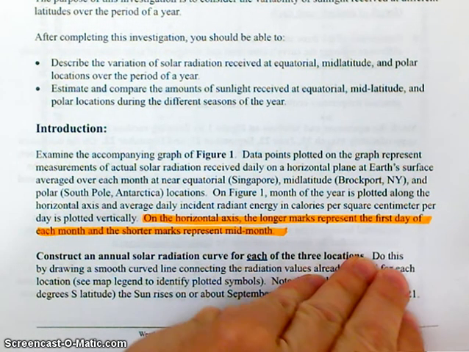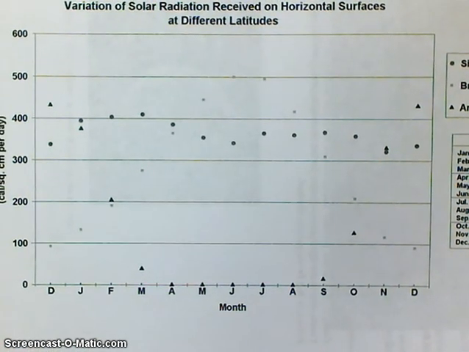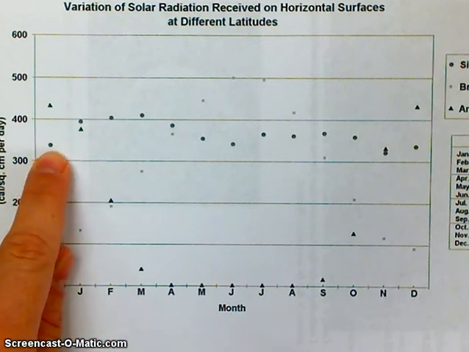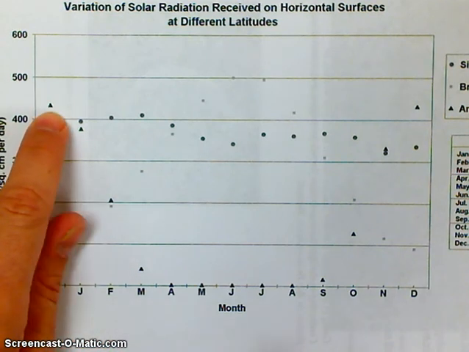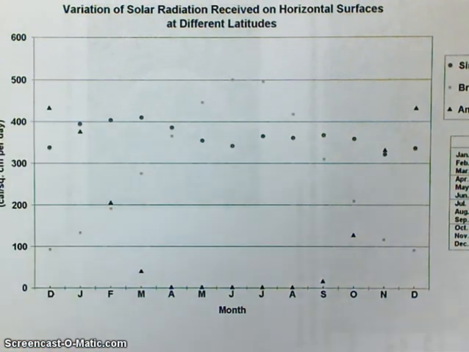So you're going to need to flip to your graph. And I'm sorry yours is in black and white, but you do have little squares representing Brockport, little circles representing Singapore, little triangles representing Antarctica. So even though it is in black and white, you can still tell which points are for what location.